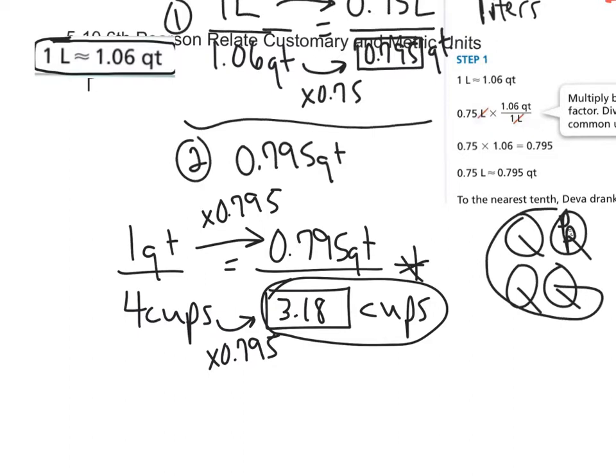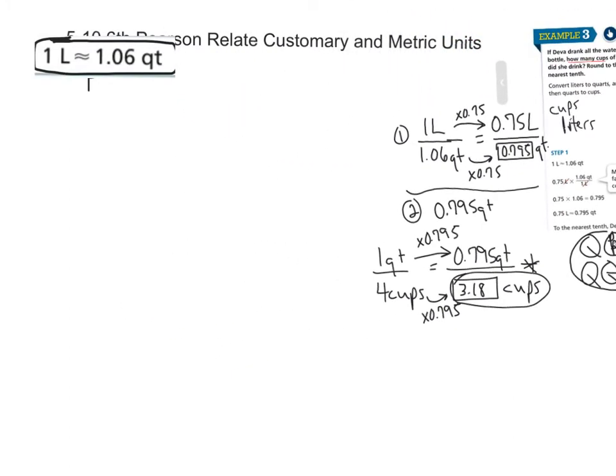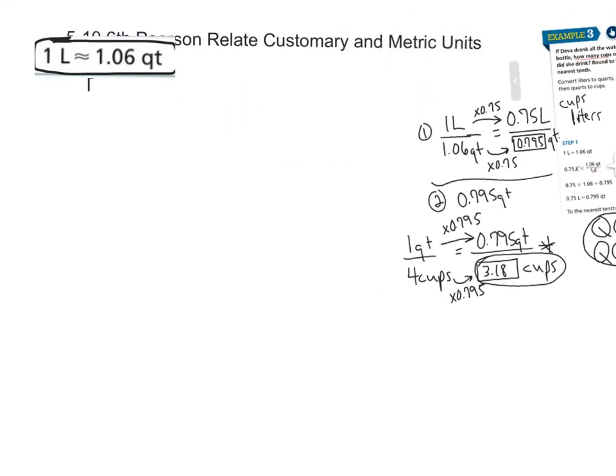And if you went a different way on this, there was one other conversion, which was 1 quart is 0.95 liters. If you use that conversion, it wouldn't come out evenly.